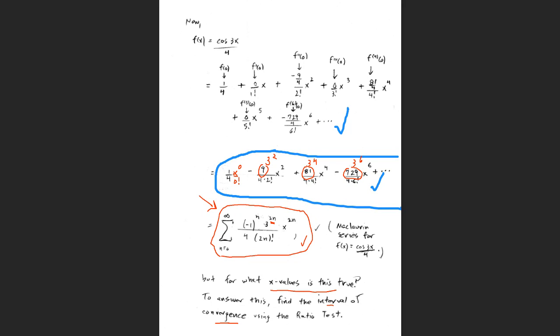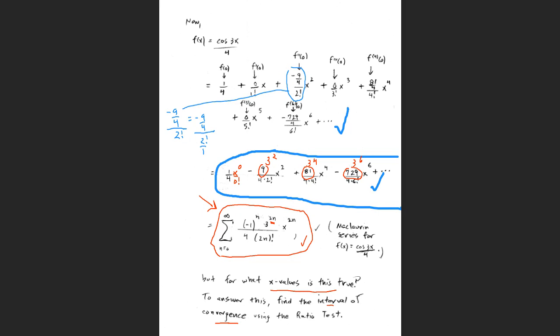Let's take a look at the -9/4 over 2 factorial. So -9/4 divided by 2 factorial. Oh, I didn't read that right. Never mind. Yeah, you just flipped the fraction. Okay, thank you.